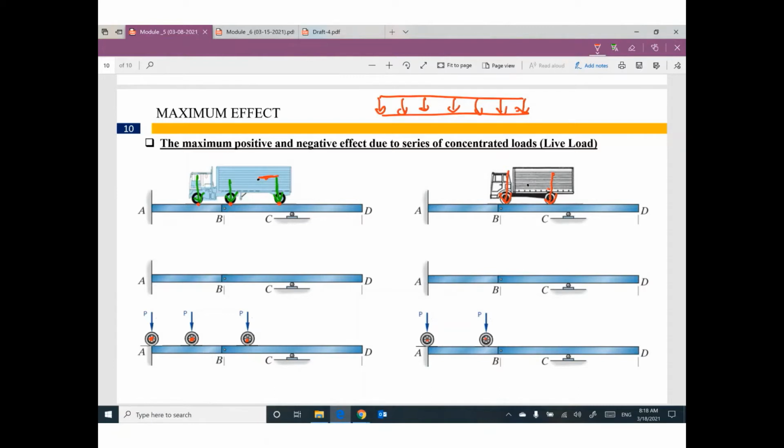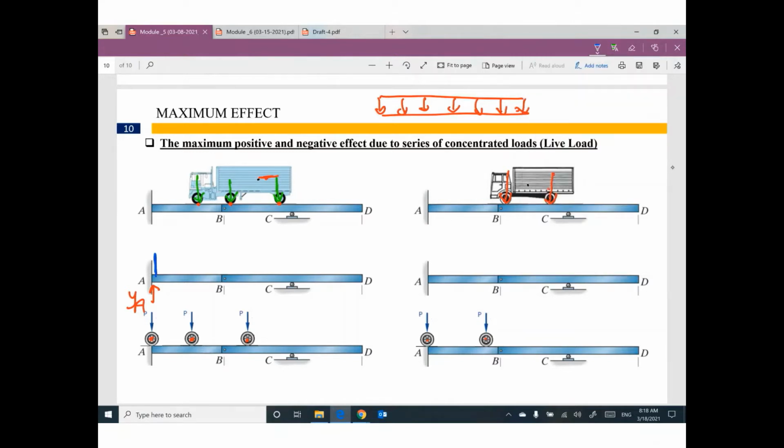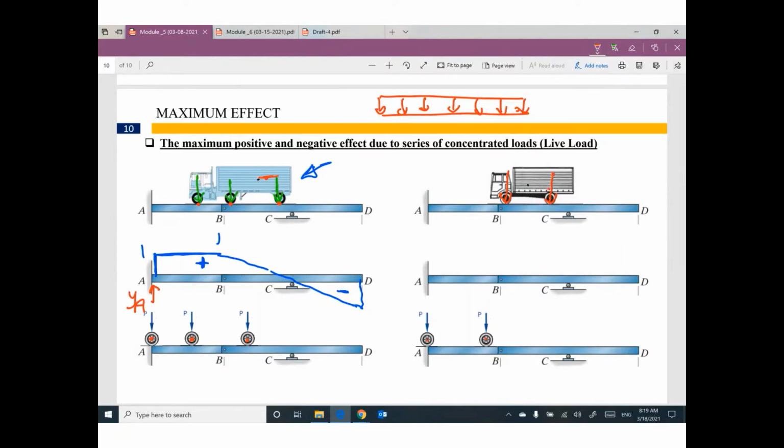Let's see. If we are looking for maximum positive for reaction YA, if you go back to the previous meeting or previous week, influence line for YA for this part will be like this. Negative, positive. If you would like to get the maximum positive effect of this truck, do you know where I can put this truck on the bridge?